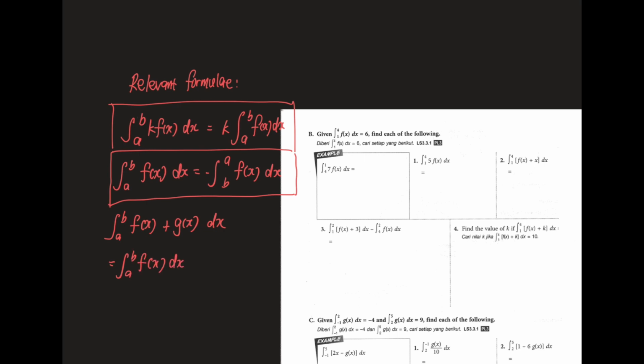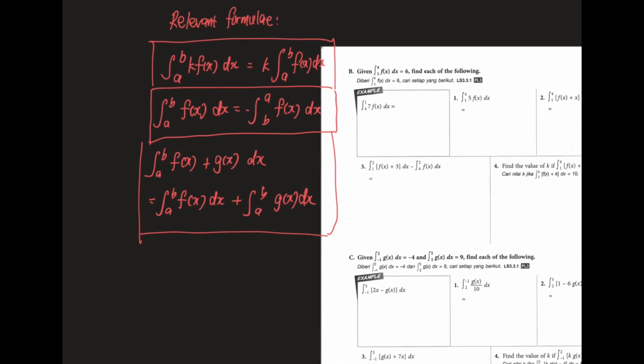You integrate f(x) plus you integrate g(x). So these are the relevant formulas. You can separate and integrate. One more formula that I need to go through here.